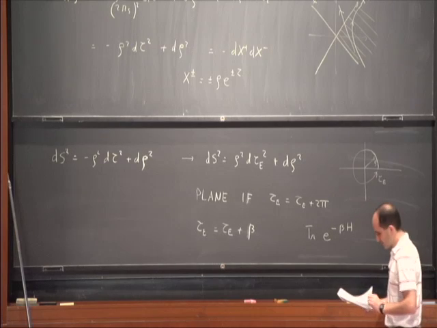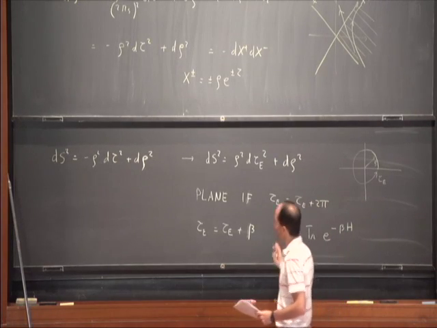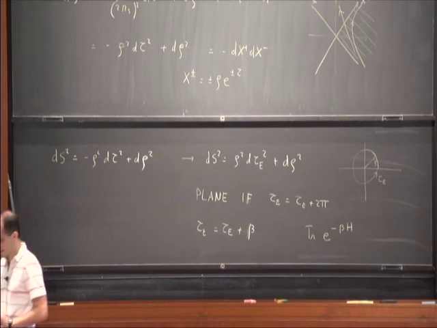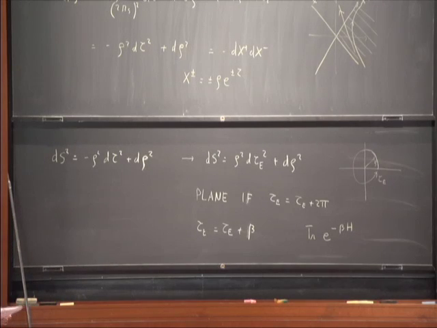Okay, so that's somehow a quick derivation of the fact that this observer would see a temperature, and there are many checks. I mean, if you don't believe this derivation, you can go through longer derivations and you find the same result.